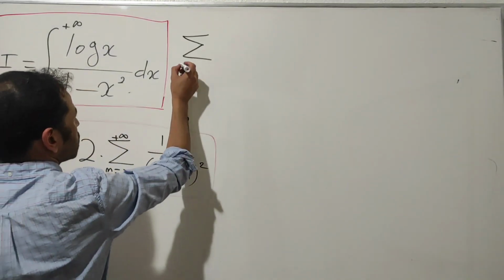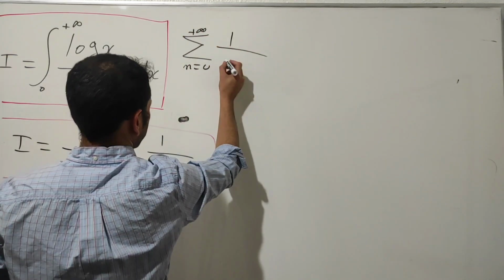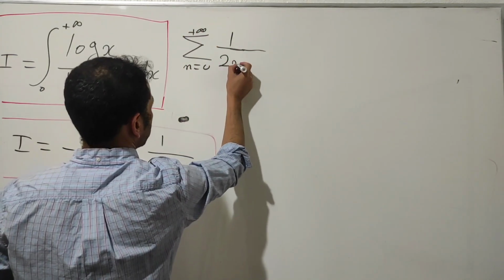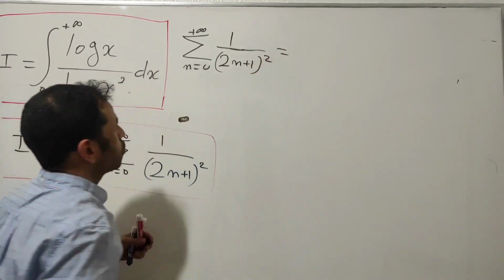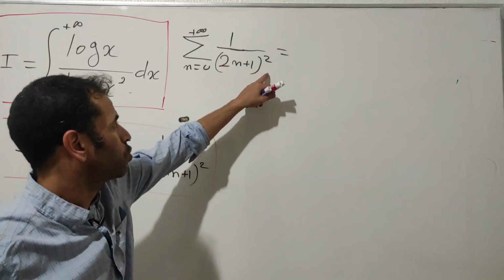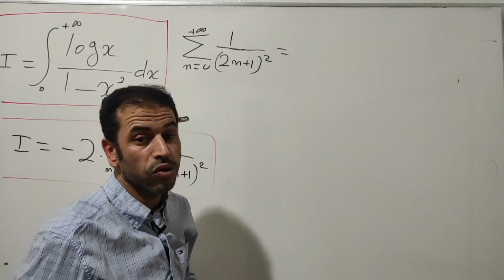Let's evaluate this one as n goes from 0 to plus infinity, a convergent series, 1 over (2n plus 1) squared. So the sum of 1 over n squared equals the sum of the odd terms plus the even terms.